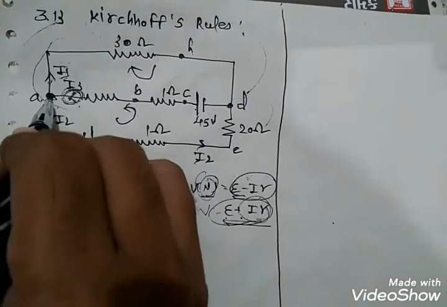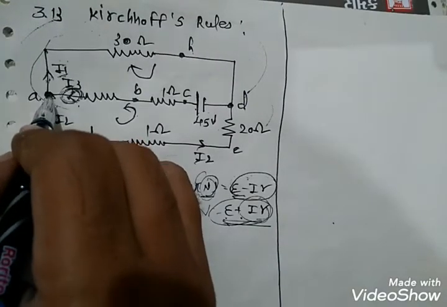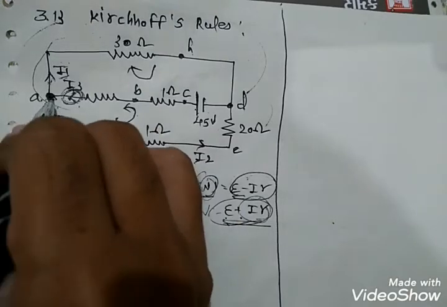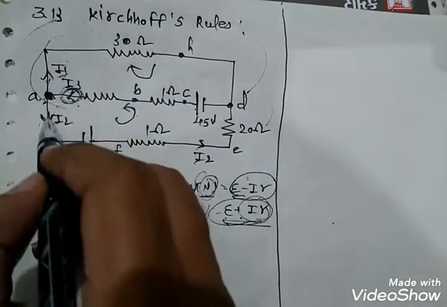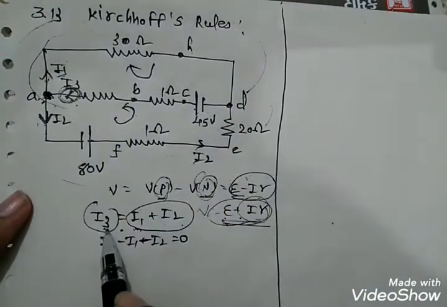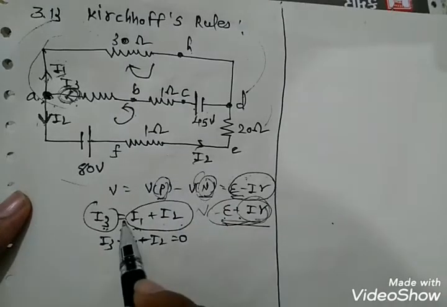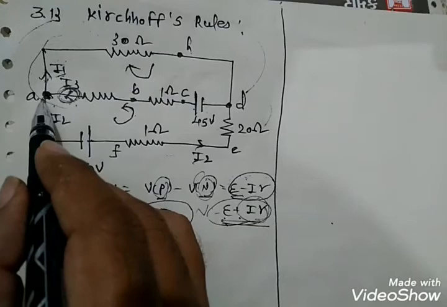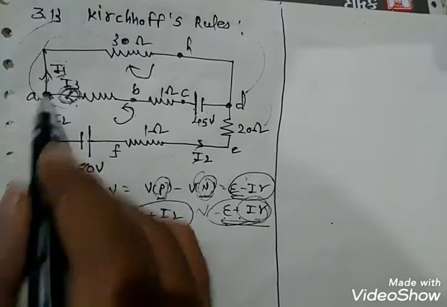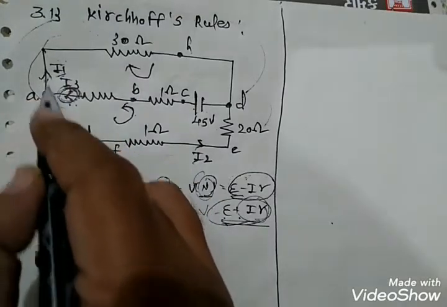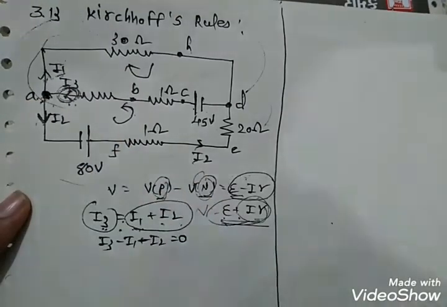At any junction, the sum of the currents entering the junction is equal to the sum of the currents leaving it. That means I3 is equal to I1 plus I2: I3 enters at junction A, and this I3 divides into two parts, I1 and I2.